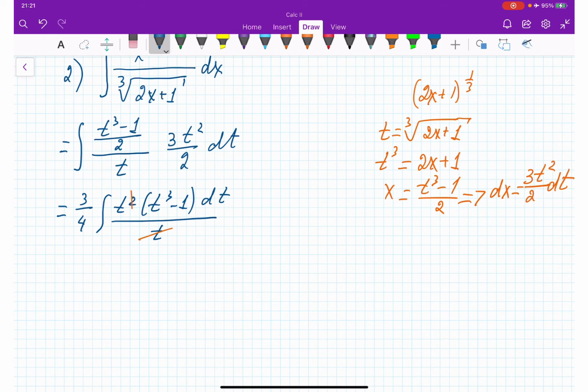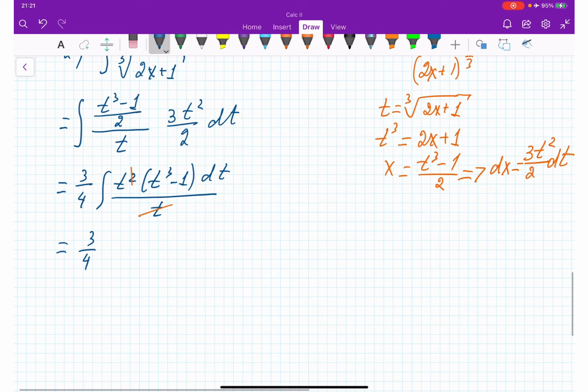And I'm getting 3/4 integral of t cubed minus 1 times t. I can't figure out any smart manipulation here, so I'm going to simply multiply them by each other. It's going to be t to power 4 minus 1 dt.